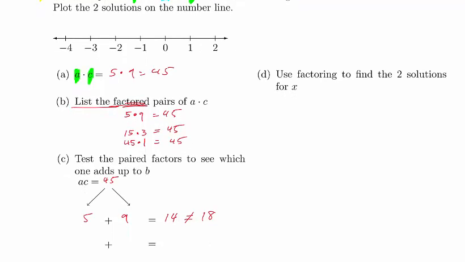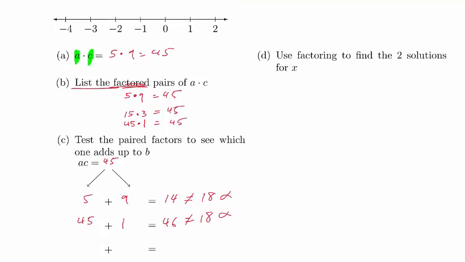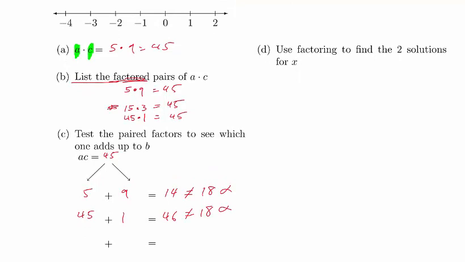All right, so let's skip over to 45 and 1. 45 plus 1 is 46, and that does not equal 18. So that one also is out. Now let's look at the remaining one, 15 times 3. If we add them together, what do we get? We get 18. And that does equal the number we're looking for, B. So that's what we're looking for.